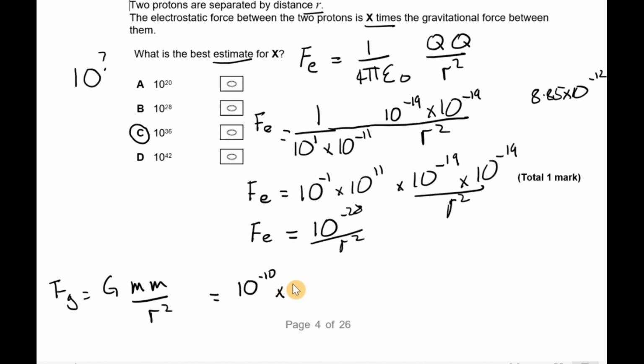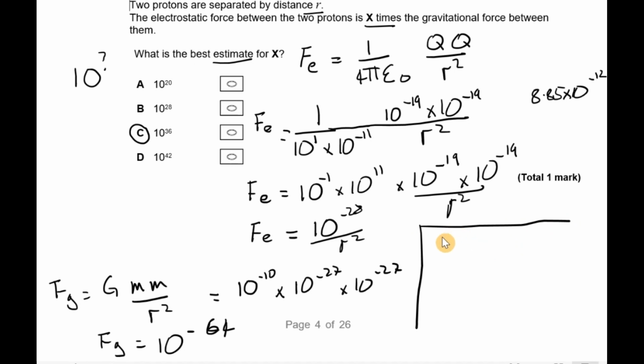The mass of a proton is 1.67 times 10 to the minus 27, approximately 10 to the minus 27. So the gravitational force is going to be, again, we just need to add the indices to find the answer. It's 10 to the minus 64.